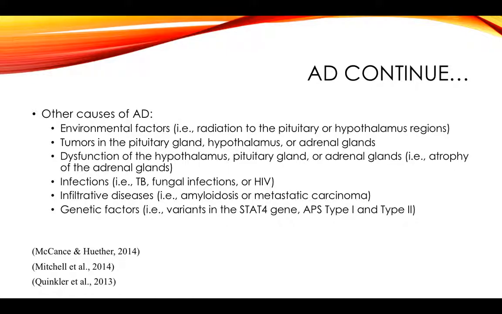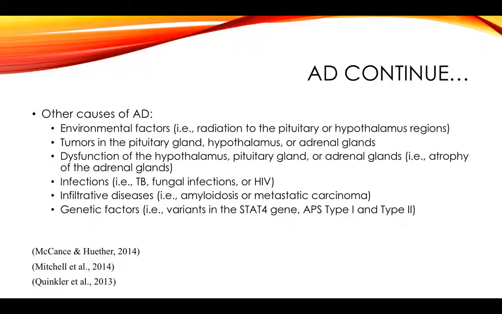Other causes of Addison disease are environmental factors, for example, radiation to the pituitary or hypothalamus regions. Tumors can be in the adrenal glands, hypothalamus, or pituitary gland. Dysfunction of one of those glands causes dysfunction of the HPA axis.